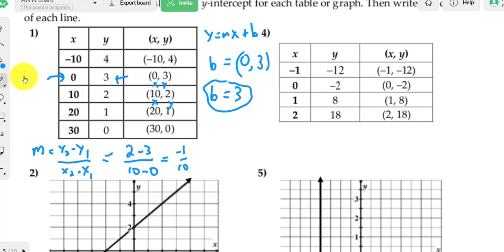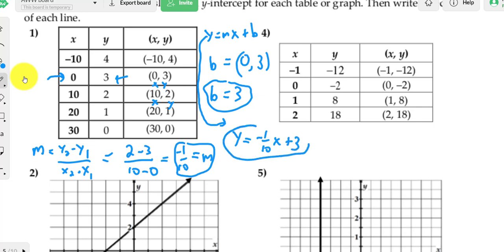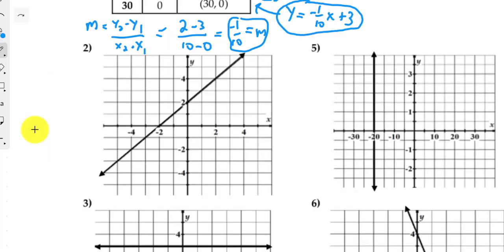So it looks like my slope is -1 over 10. So I'm going to write equals m, and I'll circle that. And now when we put this all into the equation, y equals mx plus b, you're left with y equals, my m was negative 1 over 10 x, and my b was 3. So that's the equation of the line that's represented by that table.